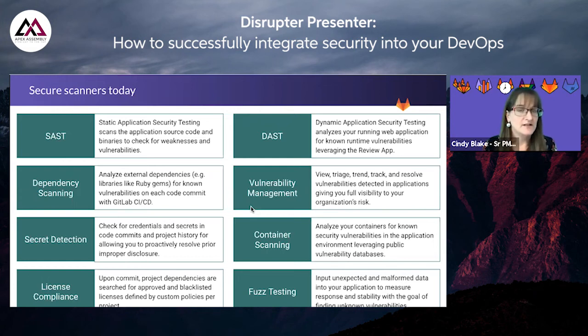So you need static analysis, you need dynamic analysis, you need dependency scanning, secret detection, license compliance, container scanning, fuzz testing. Fuzzing is really cool for helping you find things that you didn't know to even look for.